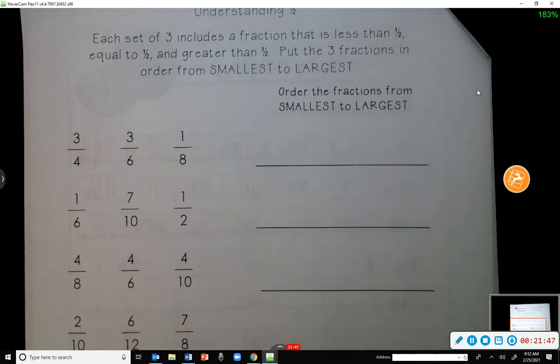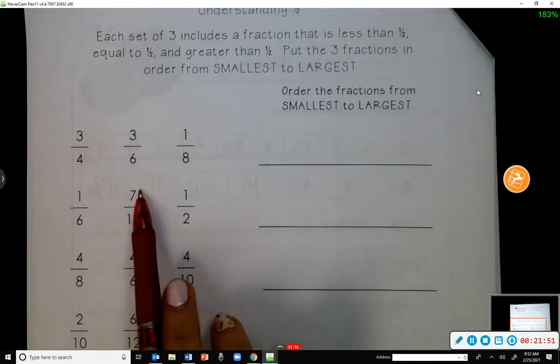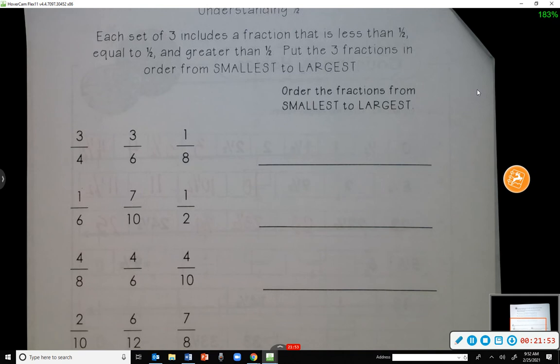So first thing I want you to do is find the fraction in this group that's equal to 1/2 and circle it. Circle the one that you think is equal to 1/2. We just did this together, practicing finding halves. 3/4, 3/6, or 1/8.